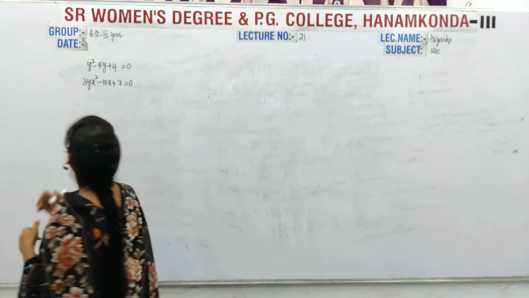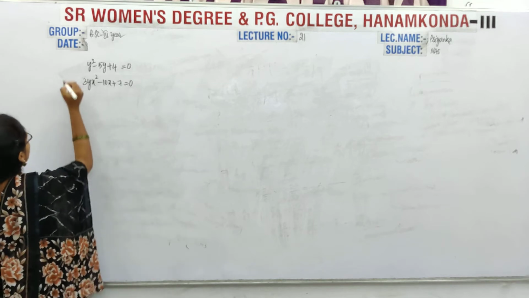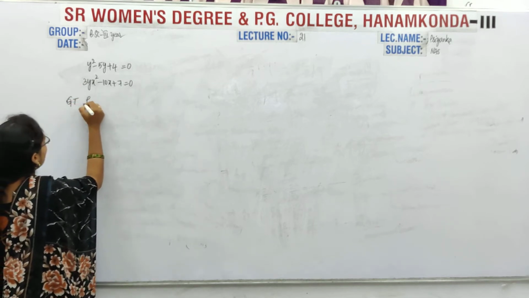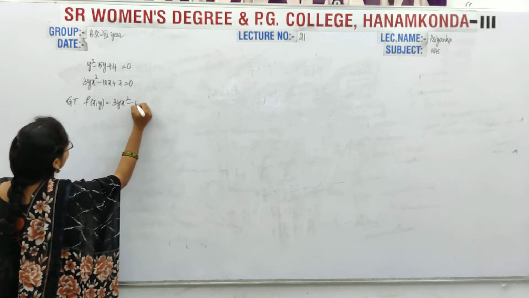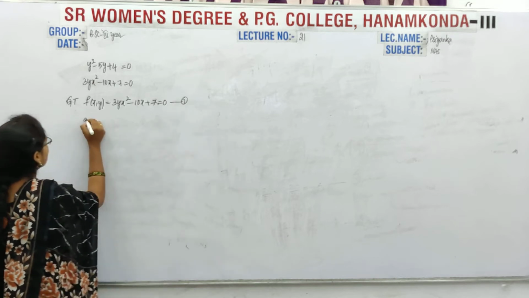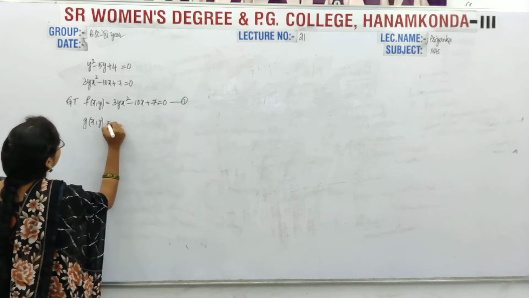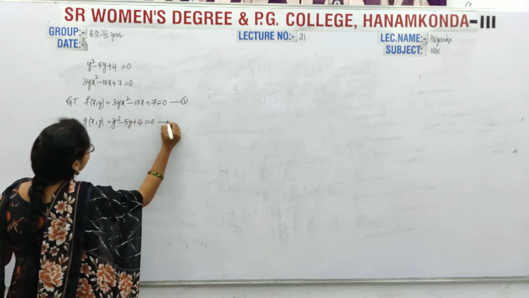Now listen carefully. First of all we have to take the equations. Given that f of x comma y is equal to 3yx square minus 10x plus 7, the x terms in the first equation we consider. g of x comma y is y square minus 5y plus 4 equal to 0.